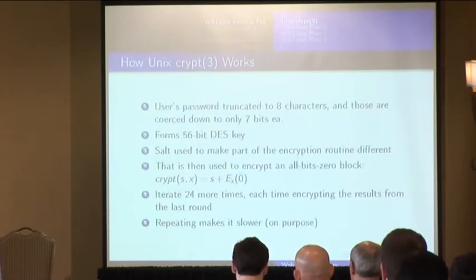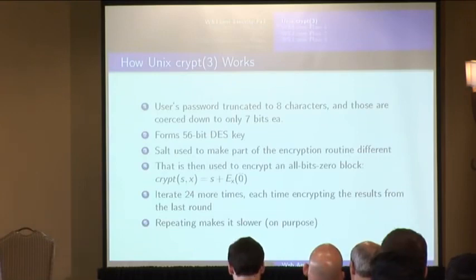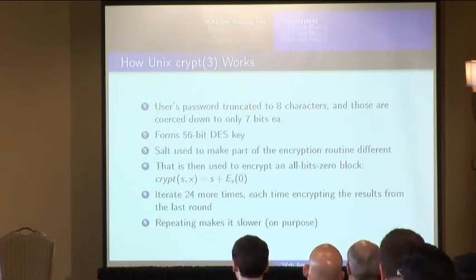But Unix crypt is even a little bit worse than that. The user's password was truncated to 8 characters in original implementations. And those are coerced down to 7 bits each, because DES uses 56-bit keys, right? We're using the password as the key. So that forms the 56-bit DES key, and it actually dumps, I believe, the least significant bit.